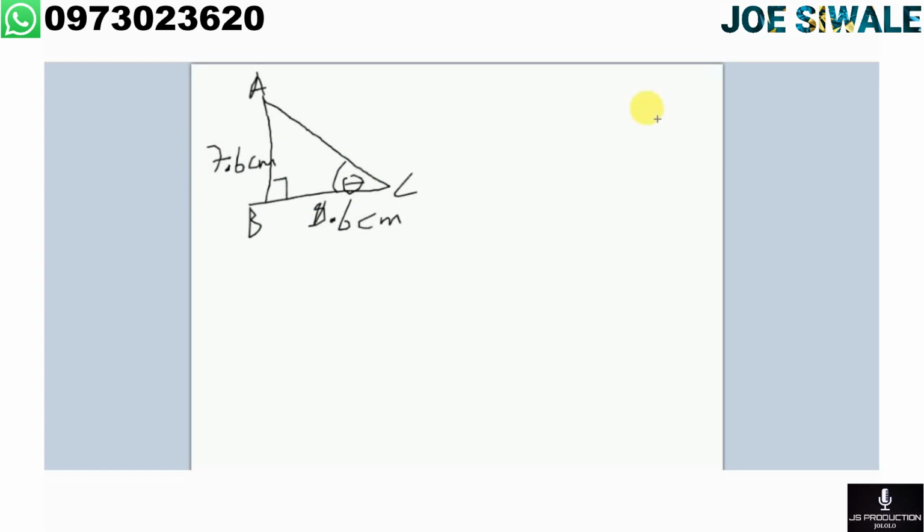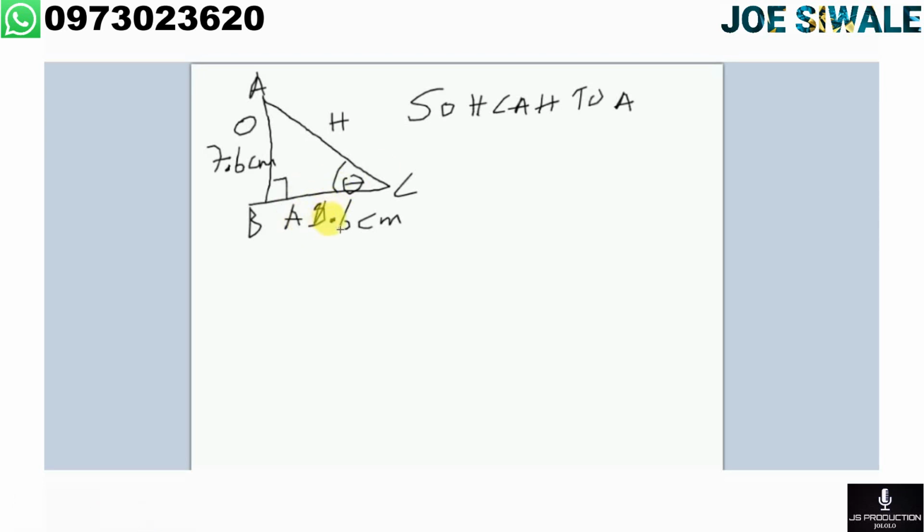So the first thing that I'm going to do is to write my formula, which is SOHCAHTOA. Since I've written my formula, the next thing I need is to identify the sides. The side that is opposite to the angle that is given, this is the opposite. Then the side that is opposite to the 90-degree angle is the hypotenuse, and the remaining side is the adjacent.